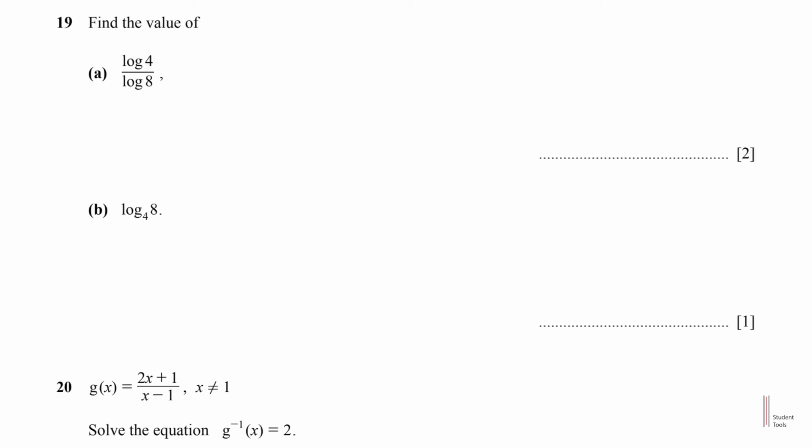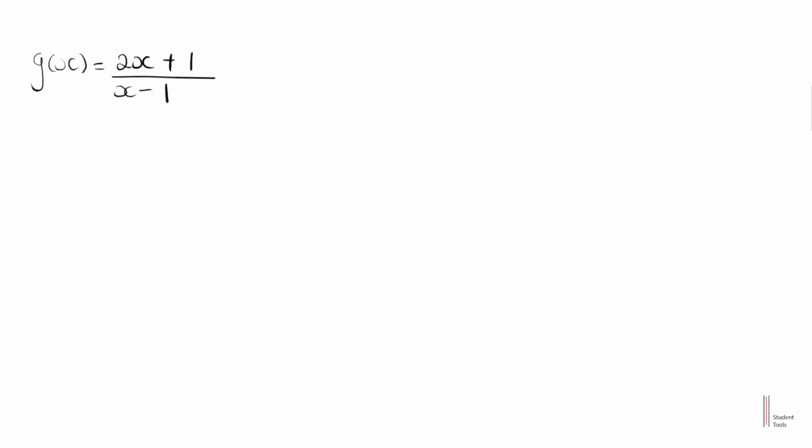And the question says, solve the equation whereby the inverse of g is equal to 2. So the first step here will be to find the inverse of g. So we know that the inverse of a certain equation is a reflection through the line y equals x.